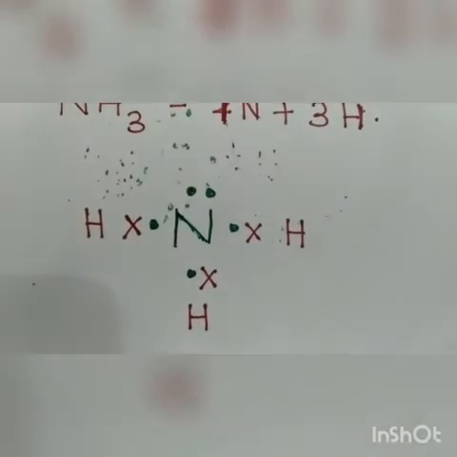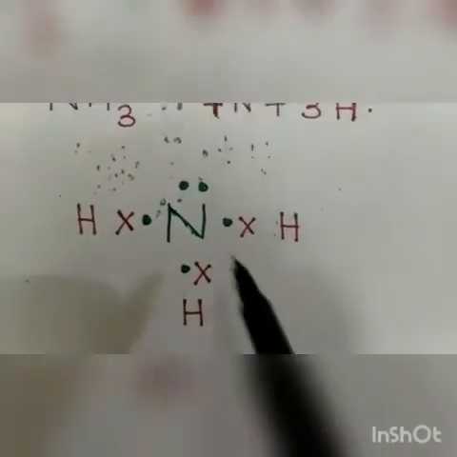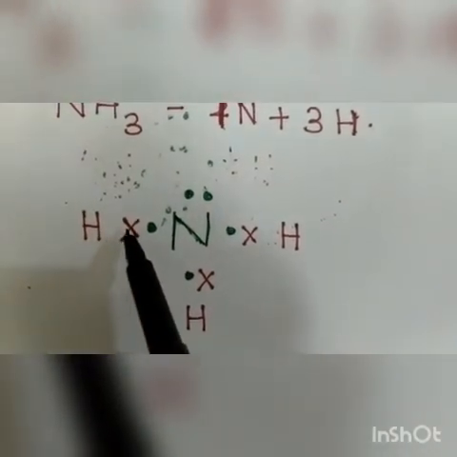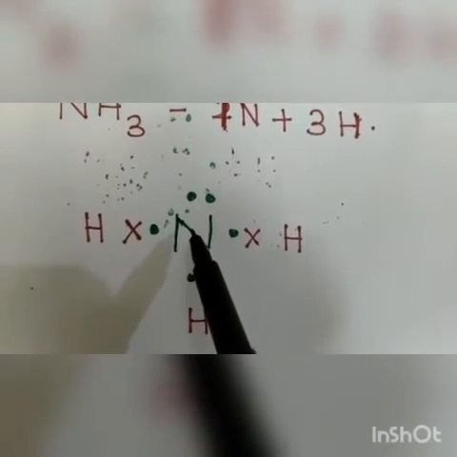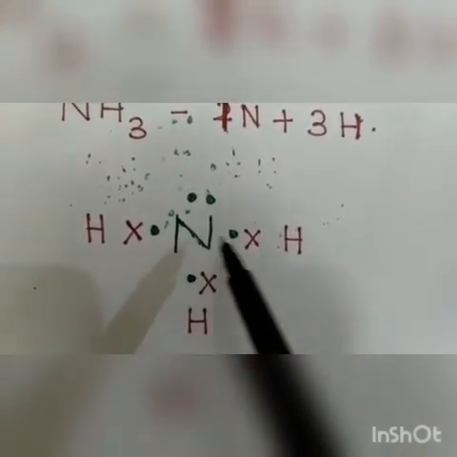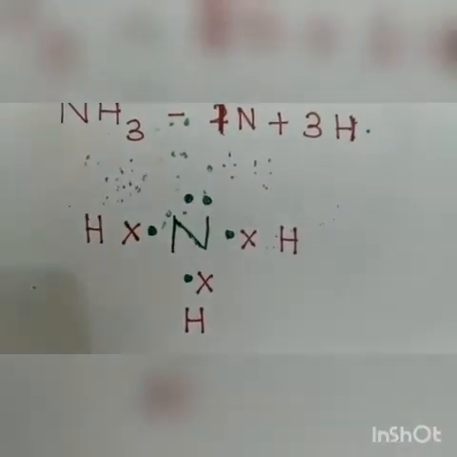Now what will happen? This hydrogen will share 1 electron with this nitrogen. This hydrogen will share 1 electron with this nitrogen. This hydrogen will also share 1 electron with this nitrogen.